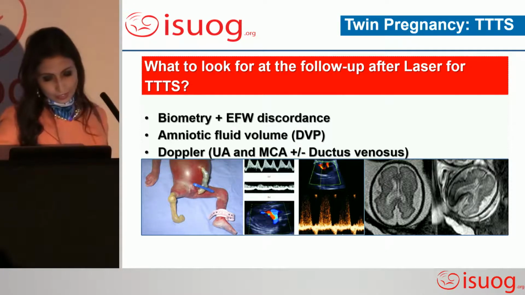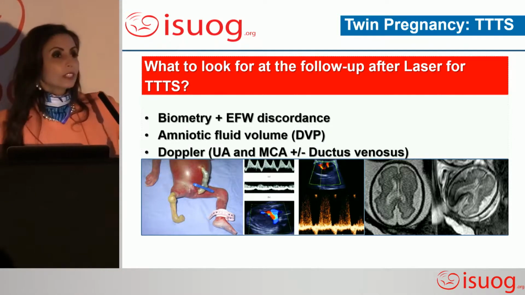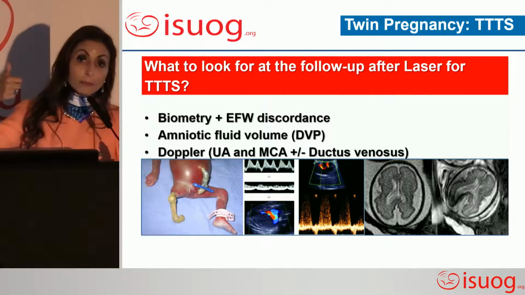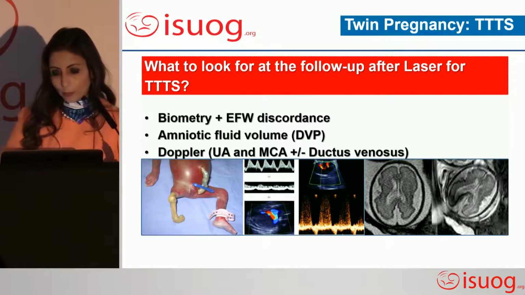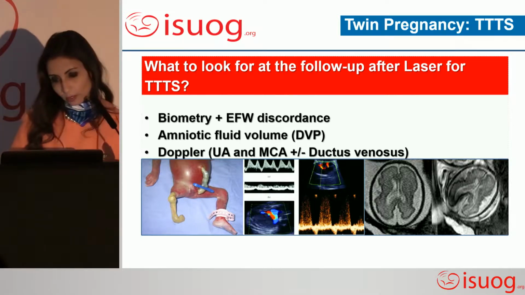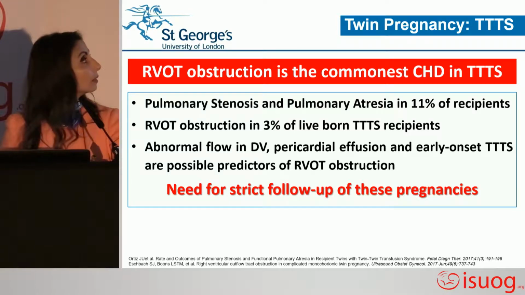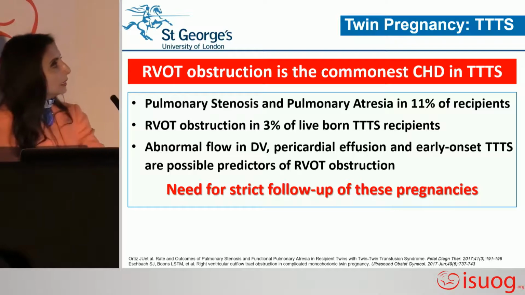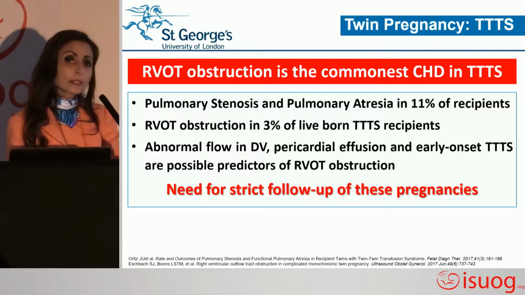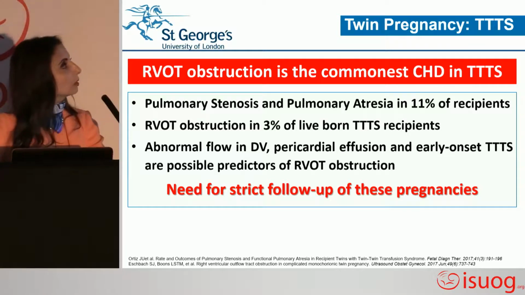And funny enough, this slide moved, but actually the picture should be a little bit lower because there is another point, which is looking for abnormalities, particularly the brain, the heart, and the limbs. The brain, because I showed you that there is actually the risk of brain abnormalities. The limbs, because of the risk of amniotic band, for example, and there have been some case reports published, and whether it's actually because of the TTTS or because of the laser is questionable, likely because of the TTTS in the first place.